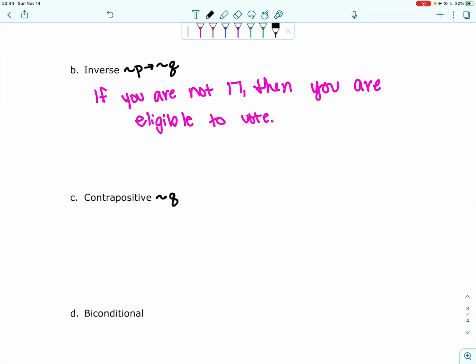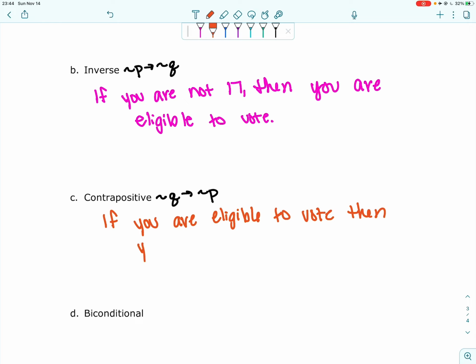The contrapositive, not Q, then not P. If you are eligible to vote, then you are not 17.